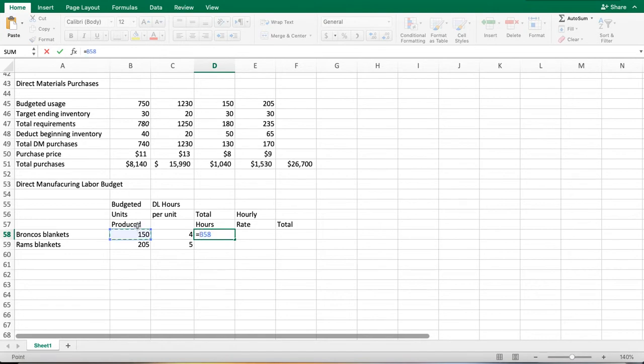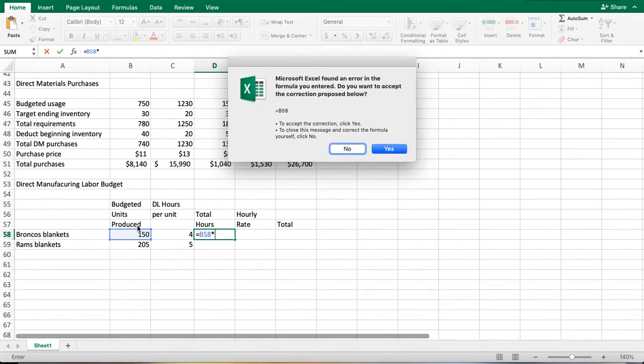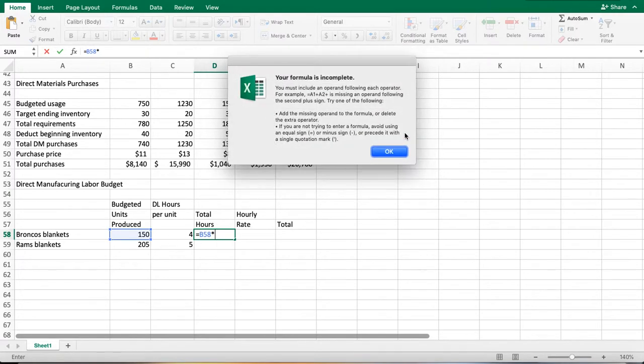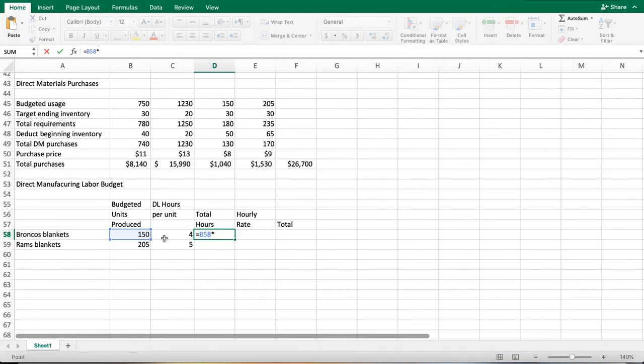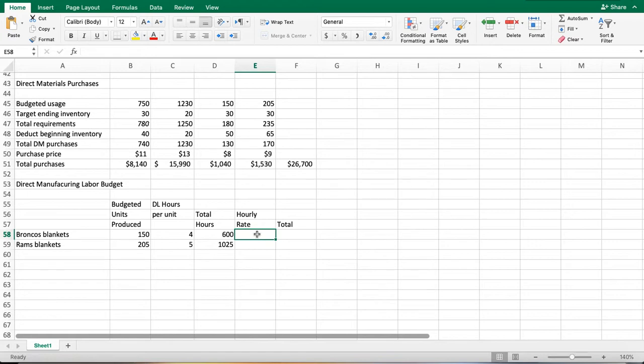So it would take us 600 hours and then it would take us 1,025, and then a rate of pay is given to you in the problem. We pay $28 an hour, and so our total direct labor budget, carry that formula down, and then sum these. So our total direct labor budget is $45,500.